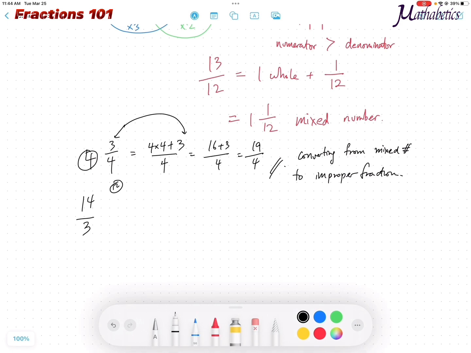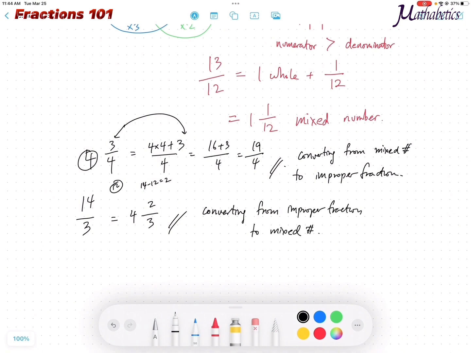That means we have 4 wholes, and 4 times 3 is 12. Then we have 2 left, because 14 minus 12 is 2. You have 2 over 3. So 4 and 2/3. And that's converting from improper fraction to mixed number.